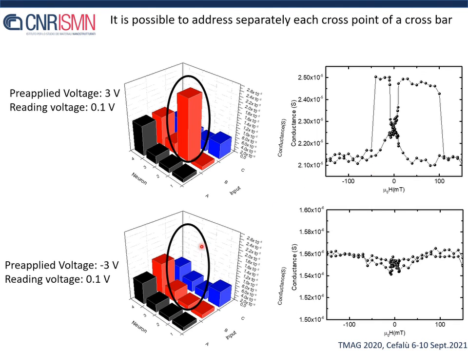As you can see, the conductance of the target device decreased, while the other ones were left almost unaffected. Being set in the low conductance state, the device showed no magnetoresistance. So we demonstrated that our devices can work in crossbars, that the conductance of the devices can be modified selectively, and that the magnetoresistance behaves as expected.